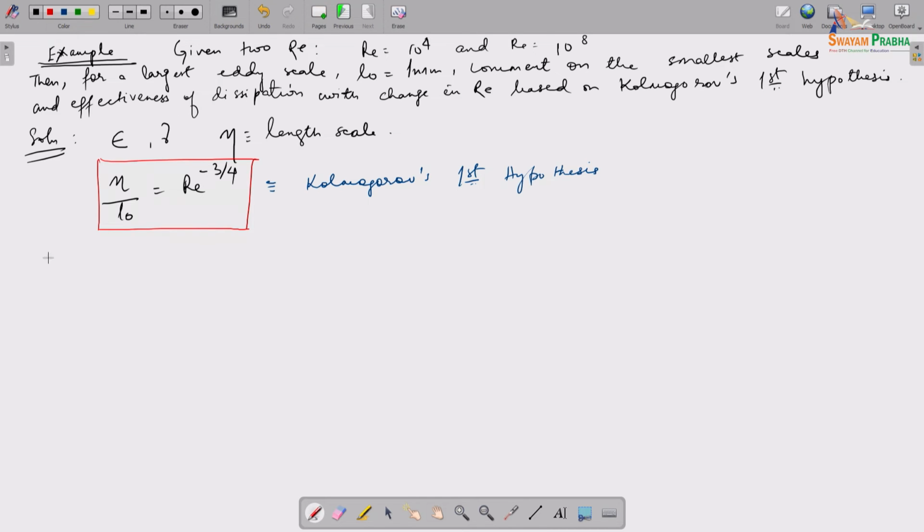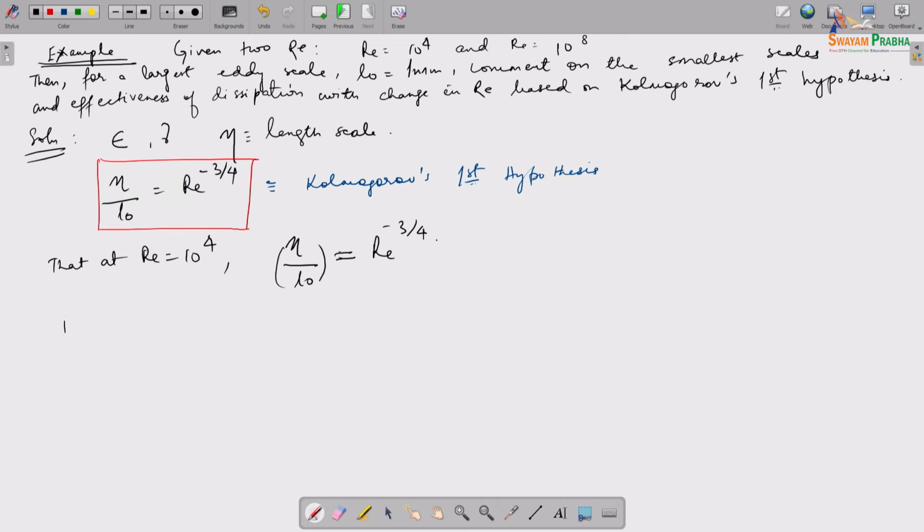If Re is equal to 10 to the power 4, then eta by L naught is equal to Re to the power minus 3 by 4, right?